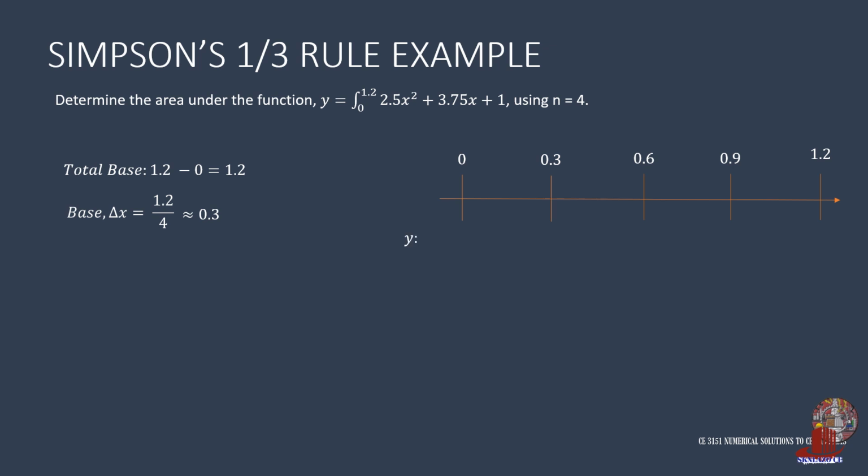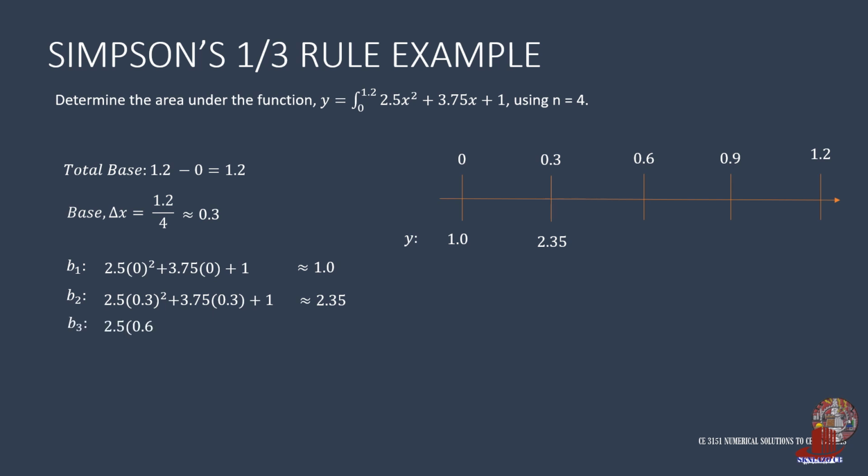The base heights are computed using these x values. b1 is 0 placed into the function, which results in 1. b2 is placing 0.3, making 2.5 times the square of 0.3, plus 3.75 of 0.3, plus 1, giving 2.35. b3 has 0.6 substituted in the function, thus giving 4.15. b4 has 2.5 times 0.9 squared plus 3.75 times 0.9 plus 1, giving 6.4.